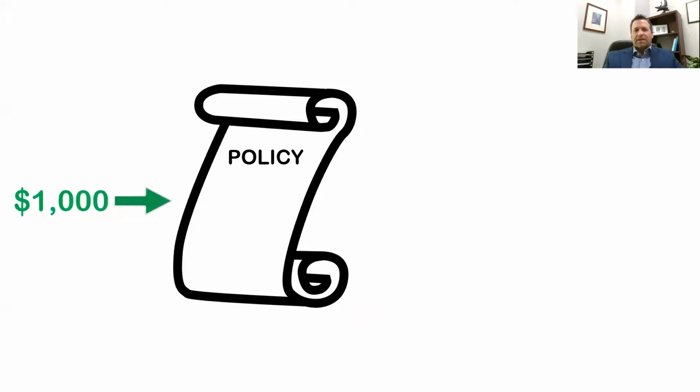So let's take an example. For every $1,000 of premium that goes into an insurance policy, the insurance company is taking an appropriate amount, let's say $950. By the way, this example ignores cost of insurance and fees, just to make it a little more simplistic.